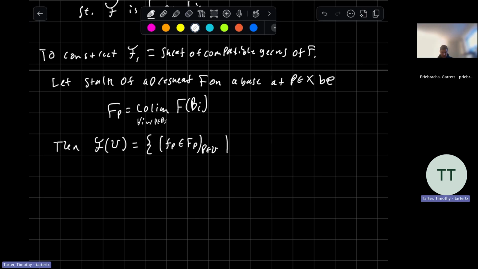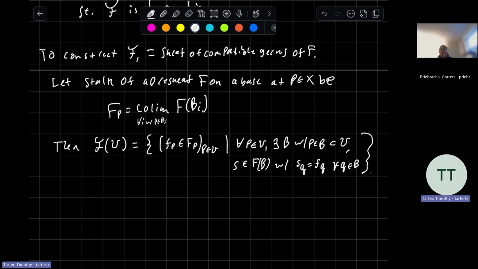such that for all P in U, there exists B with P in B contained in U, and s in F over B with s_q equal to f_q for every q in B, meaning compatible germs between B and U for each such B. So we're collecting all of the compatible germs across the Bi.